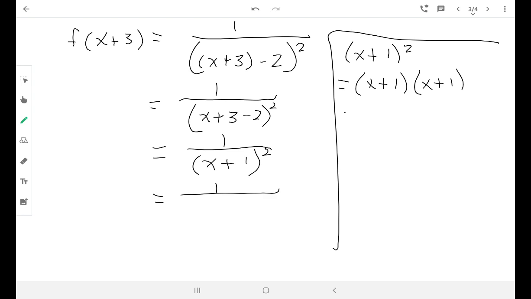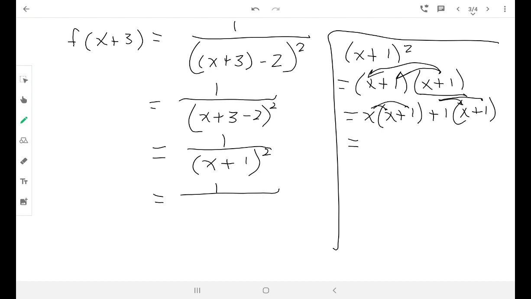And this is then distributed to these two things, so it's x times that x plus 1, times that x plus 1, and I can distribute those.